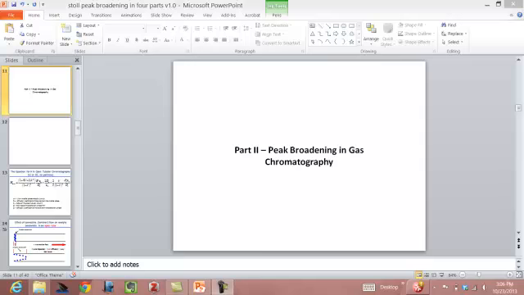The purpose of this segment is to go over some of the details associated with the peak broadening process in gas chromatography. And the central idea here is that there's a relationship between plate height and the velocity of the mobile phase.